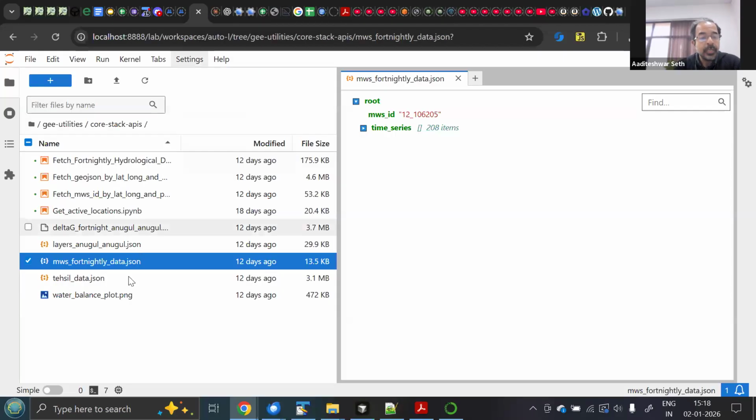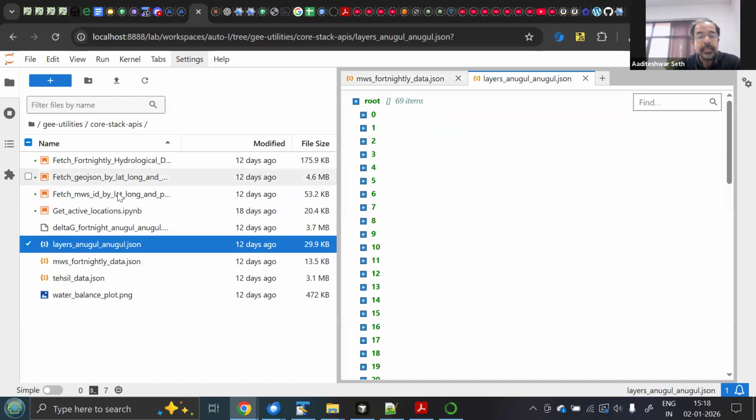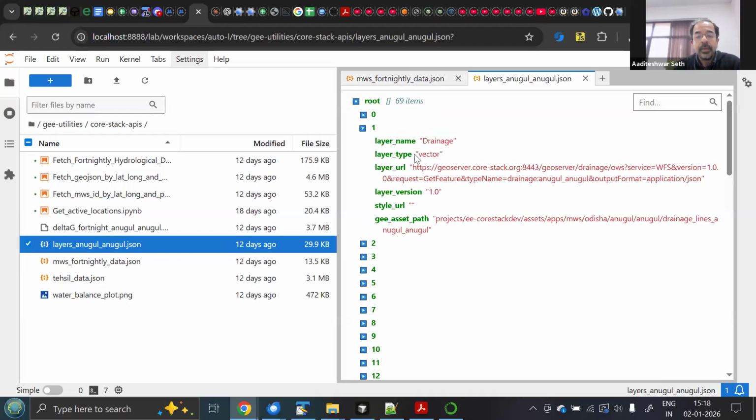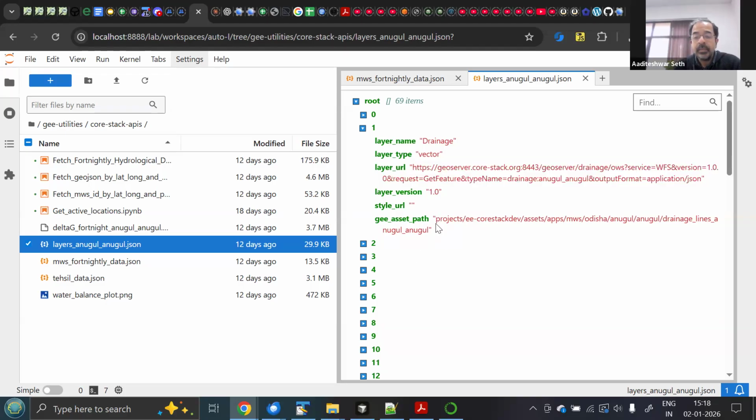So if you use the CoStack APIs, you can raise an API that tells you, for this tehsil, give me all the layers that have been generated. Drainage, for example, is a layer, and you can download it in this way. It's also available on Earth Engine.